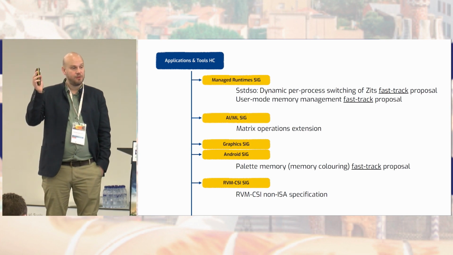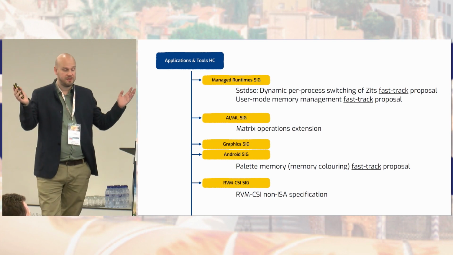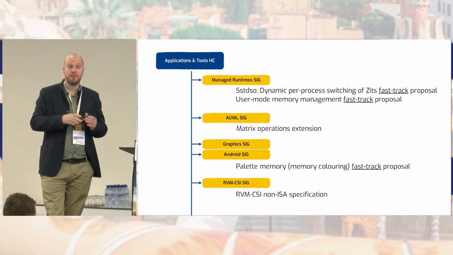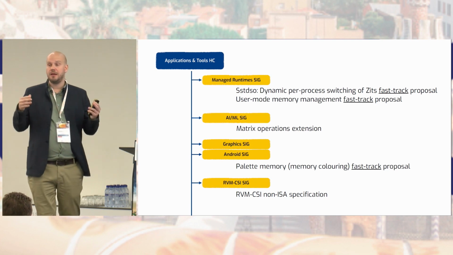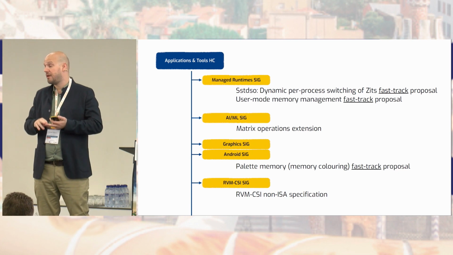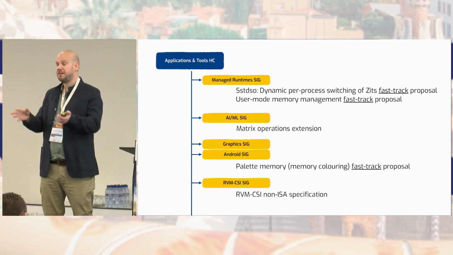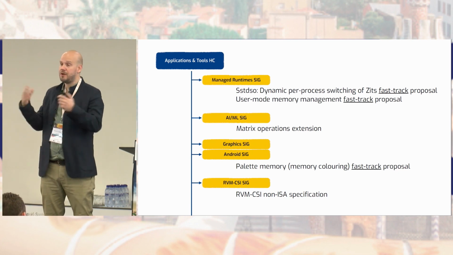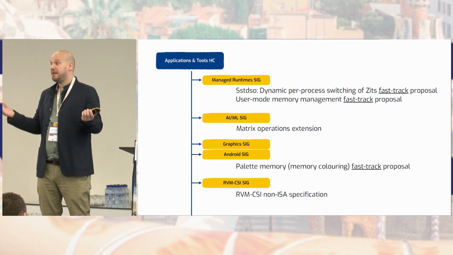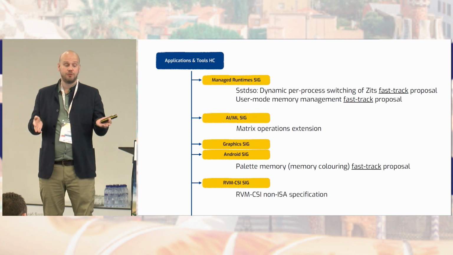And right now, the key ones that are driving specification efforts at the moment are managed runtimes. They are looking at anything that is a managed runtime, whether it's Java, Python. So basically, you have your special purpose language, you have a runtime, you have your entire stack that you want to optimize for.